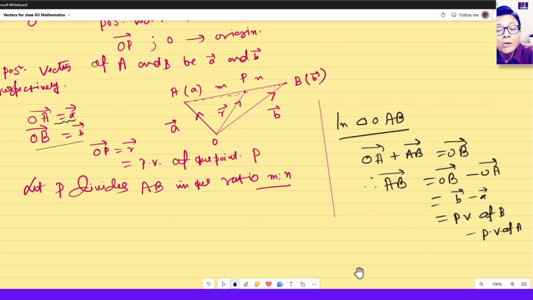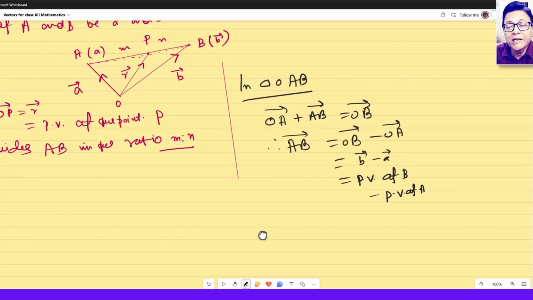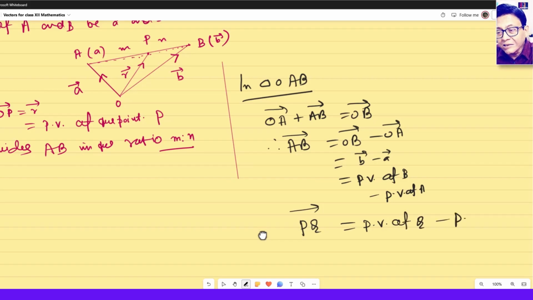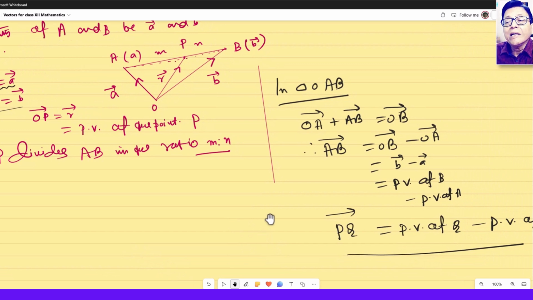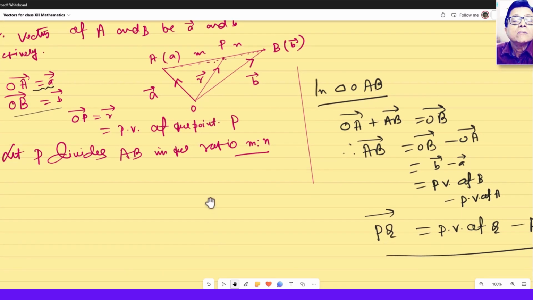So if you want to write an arbitrary vector PQ, then PQ can be written as the position vector of Q minus the position vector of P. Okay? PQ vector is found. Now here AB vector we got B minus A. We are going to find the position vector of P, which divides it in the ratio m is to n.